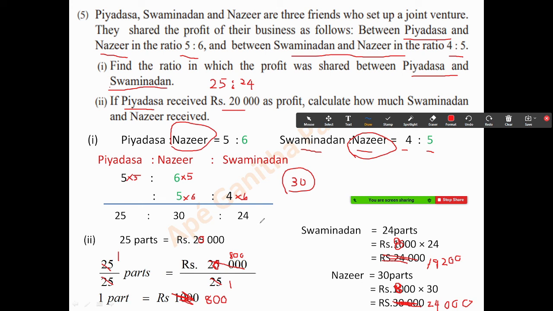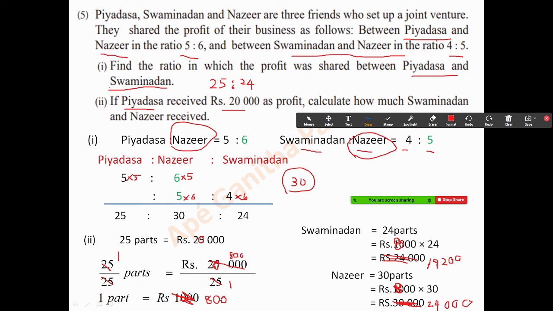Then they have given Piyadasa's part as 20,000. Piyadasa received 20,000 as the profit, and Piyadasa's part is 25. 25 parts equal 20,000. To find one part, divide both sides of this equation by 25. When you divide 20,000 by 25, that is 800.